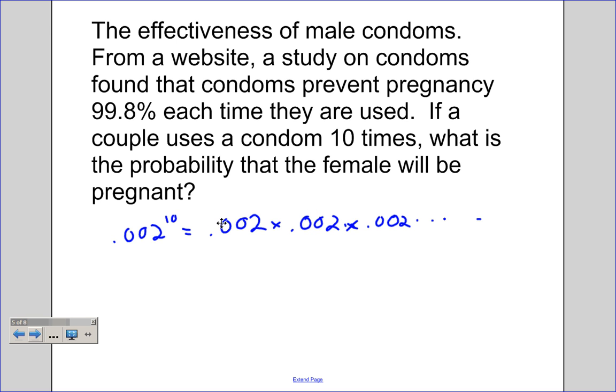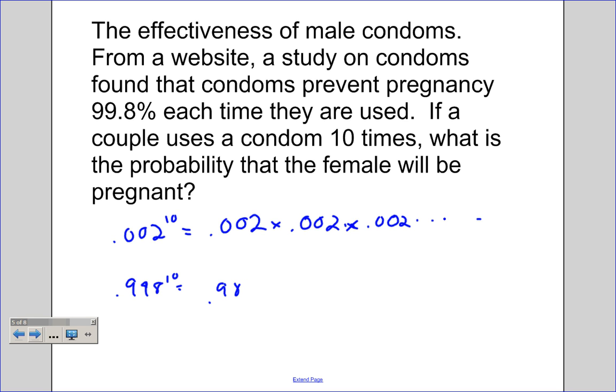If we want the probability that she doesn't get pregnant at all, we take 0.998 times 0.998 and so on, so that would be 0.998 to the 10th power. So if I take 0.998 to the 10th power, the probability that she doesn't get pregnant is 0.98. There are some more decimals coming out there, but the probability that she doesn't get pregnant is 0.98.